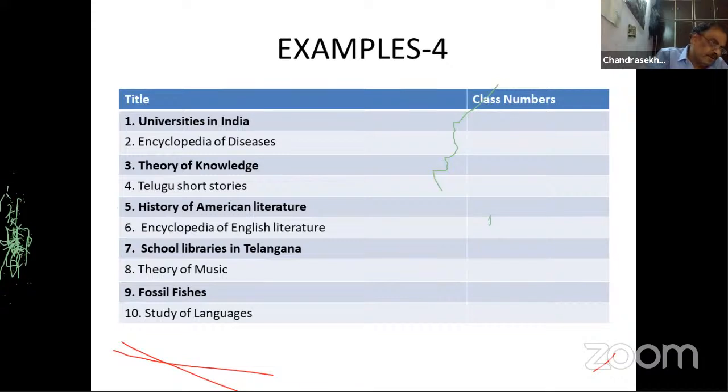So here also he has not given it under fossil. So let us look under fishes, whether it is given under fishes.